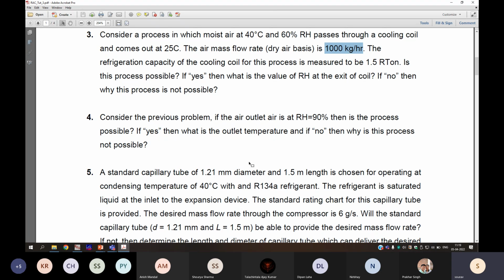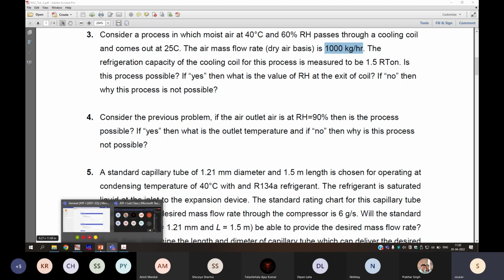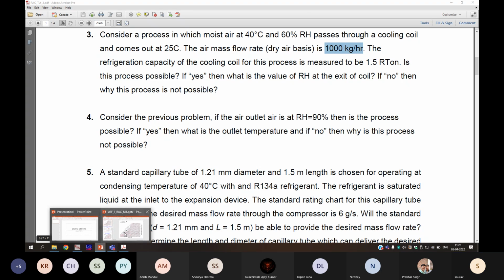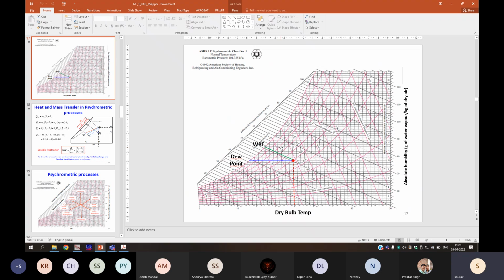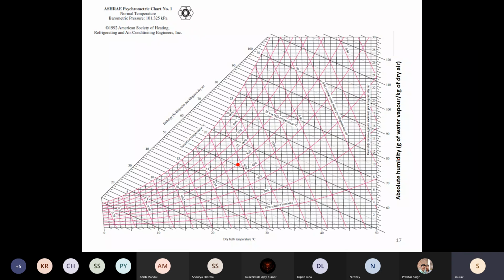Now the next problem: if the outlet air is at 90% RH, is the process possible? If yes, then what is the outlet temperature? If no, then why is the process not possible? So now we are stating that the outlet relative humidity is 90%. So the parameter has now been changed.